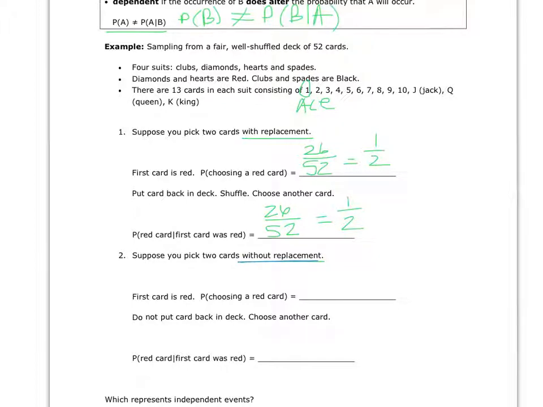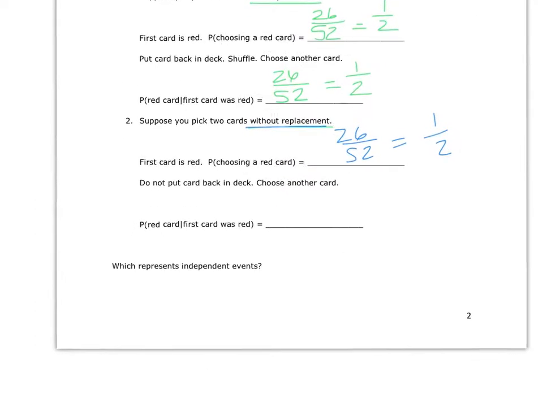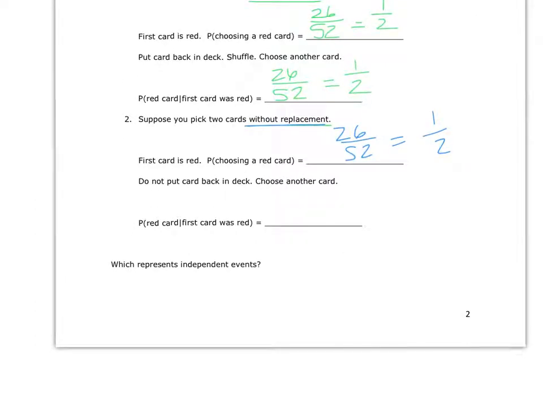All right, now let's look at the scenario where we choose two cards, but this is without replacement. The probability of choosing a red card the first time around is the same as what we got before, 26 over 52. All right, that's equal to 1/2. Now, without replacement means that we're going to pick the next card without putting the first one back and shuffling.